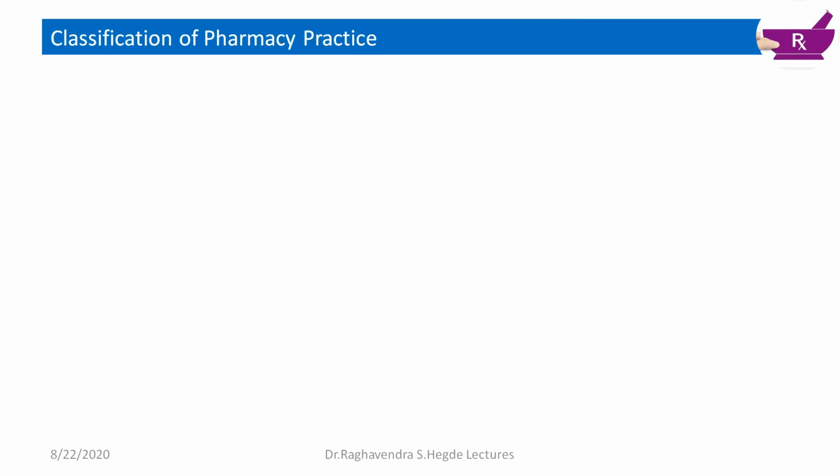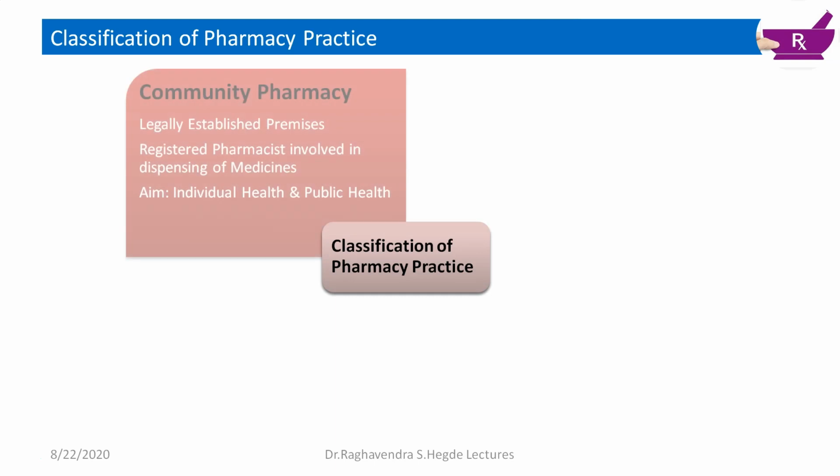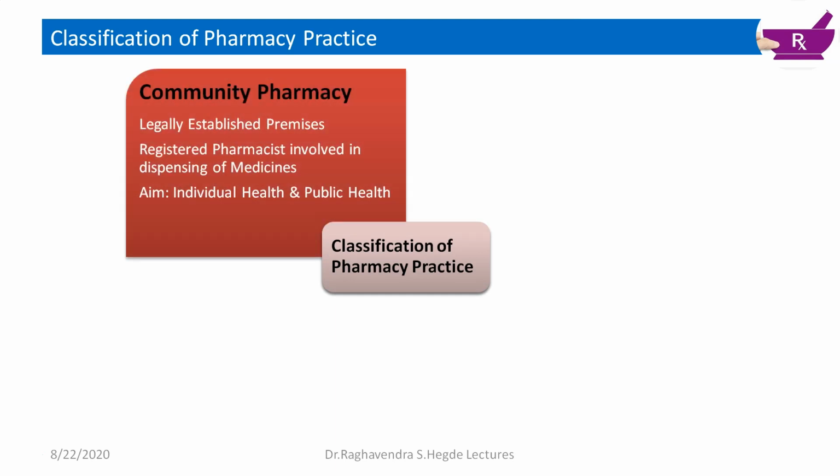Now, let us understand how the pharmacy practice is classified. Pharmacy practice can be classified into various systems. When pharmacy practice is applied to the community setting, it is said to be community pharmacy.